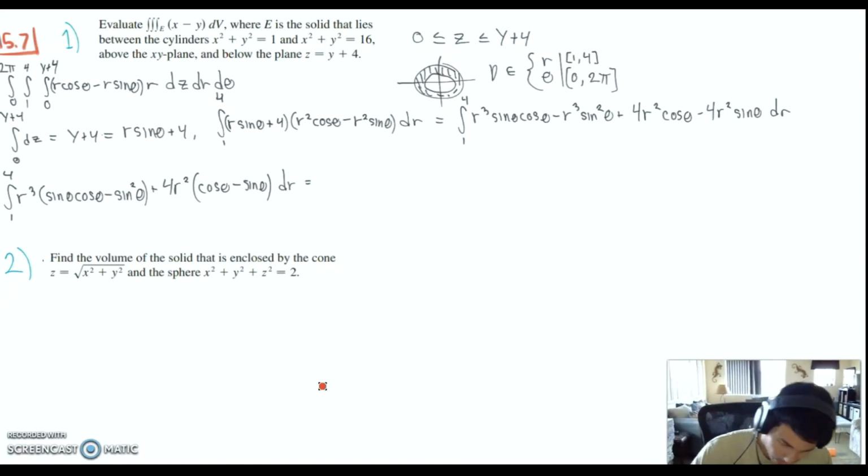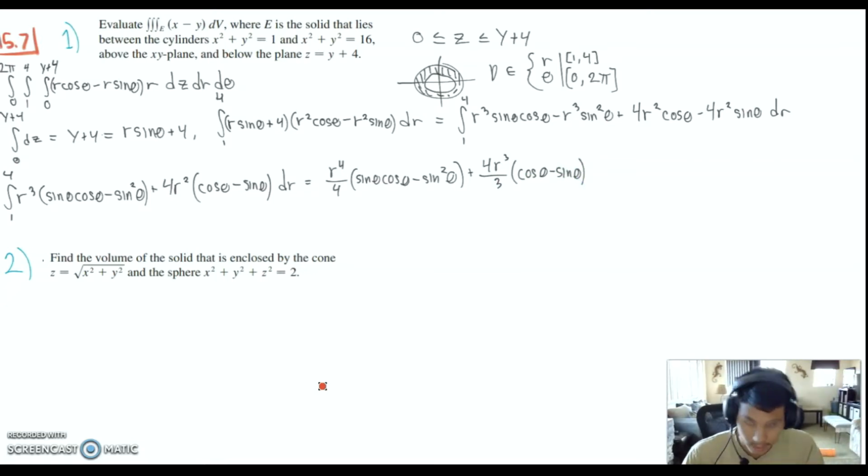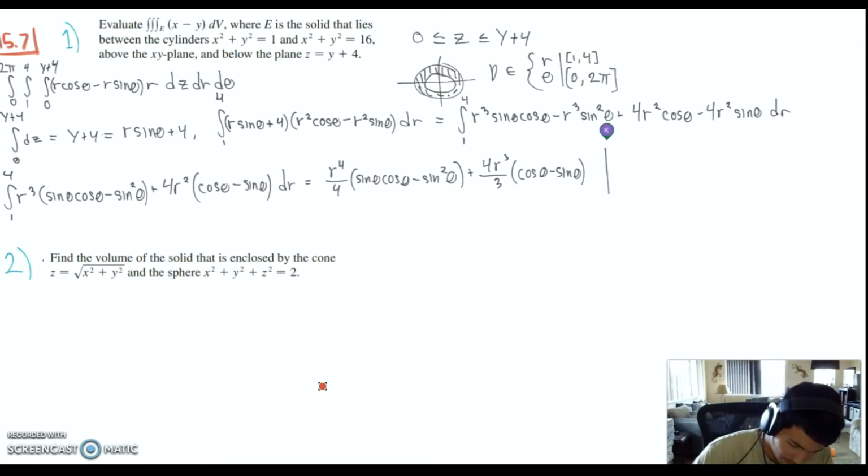What would this become? Well, this would become r to the 4 over 4, sine theta cosine theta minus sine squared theta, plus 4r cubed divided by 3, cosine theta minus sine theta. And all of this is going to be evaluated from 4 to 1.